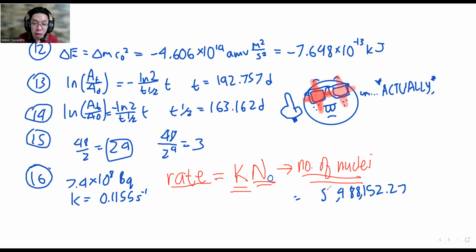You already have the value for the nuclei. Sige, check natin na. Okay, that's correct. Wait. Paano yan? Is this yung 0.1155 per second ba siya or per hour, Josh?